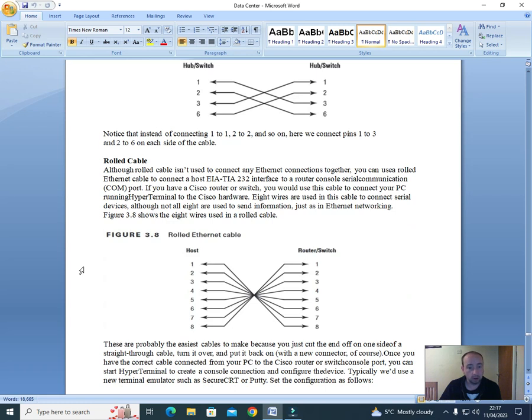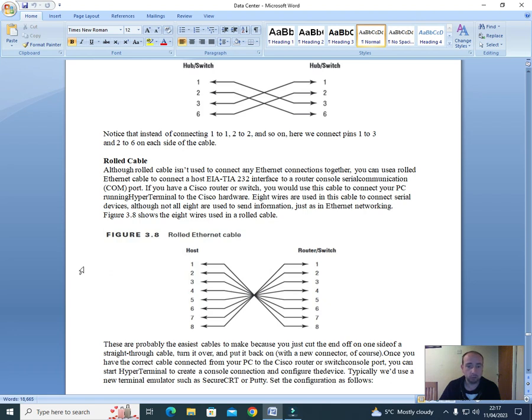Rolled cable. Although rolled cable isn't used to connect any Ethernet connections together, you can use a rolled Ethernet cable to connect a host EIA TIA 232 interface to a router console serial communication COM port.